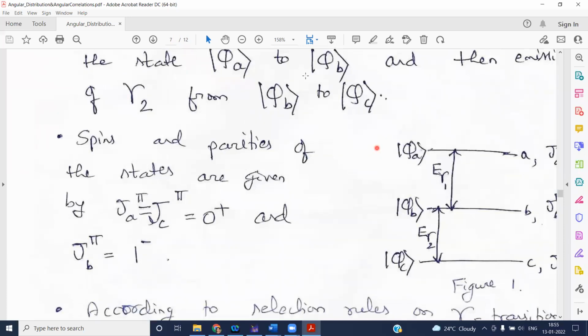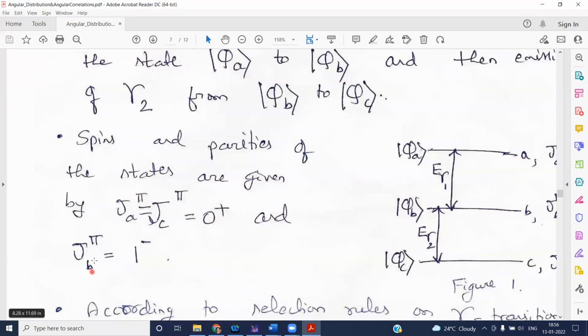So let me explain. Consider spins and parities of the states for 3 energy levels A, B, C. Let me denote the spin and parity of the energy levels for simplicity as J_A pi_A. J_A is spin, pi_A is parity. J_A pi_A and J_C pi_C are both given by 0 plus. That is, spin is 0, parity is plus.